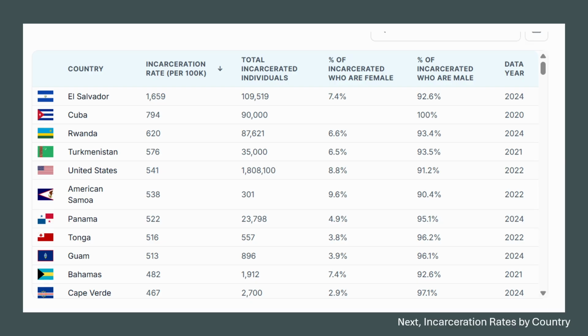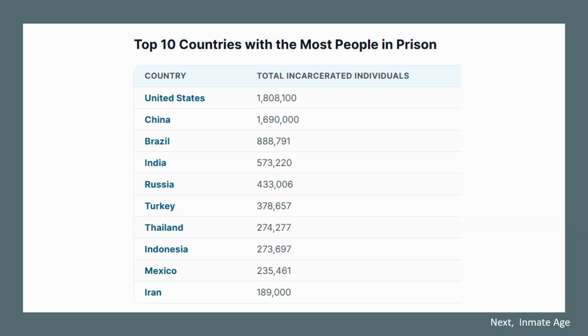What year was this data collected? Yes, the U.S. does incarcerate more individuals than any other country.